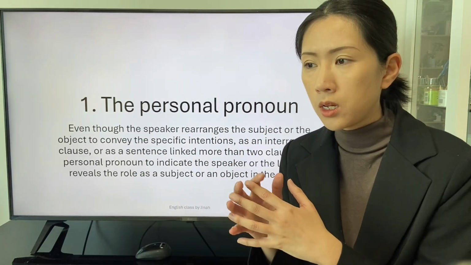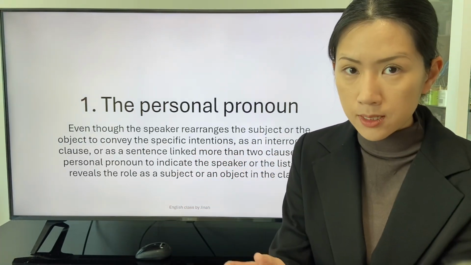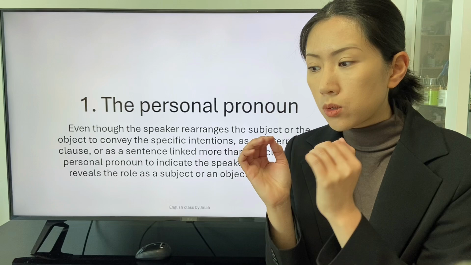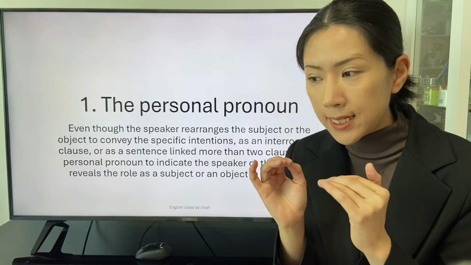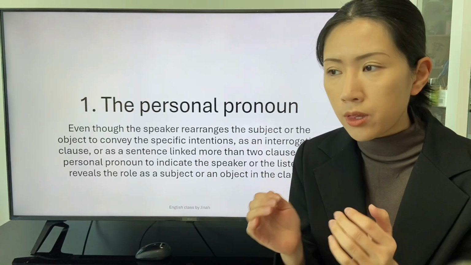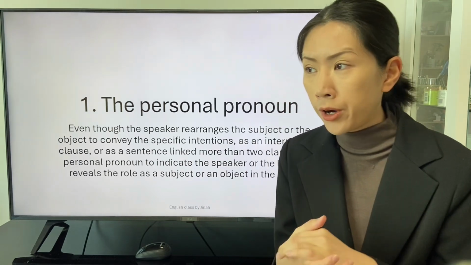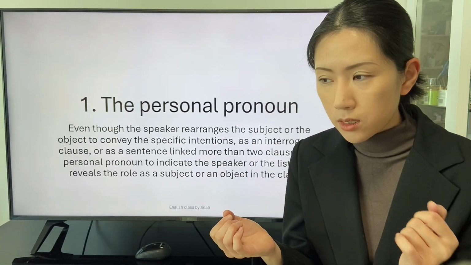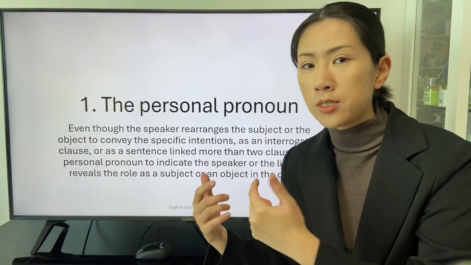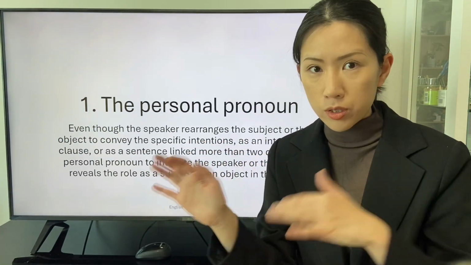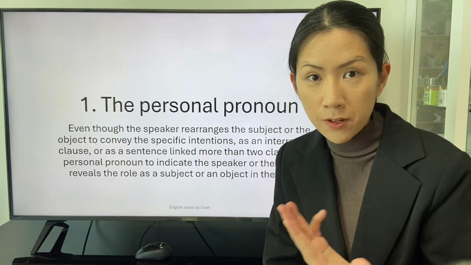To reveal the role as a subject or an object, a speaker who wants to convey the intention with the interrogative clause or a sentence linked by two clauses rearranges the words to fit the intention of the speaker.